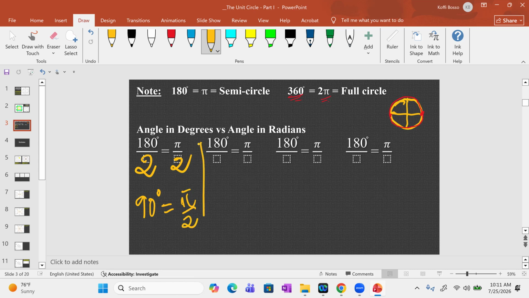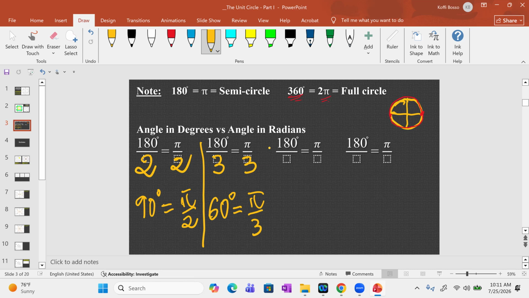Simple like that. If I divide 180 by 3, to keep the balance, I will divide pi also by 3. And 180 degrees divided by 3 is 60 degrees, and this is the same as pi over 3. So every time I see pi over 3, I know that is 60 degrees.